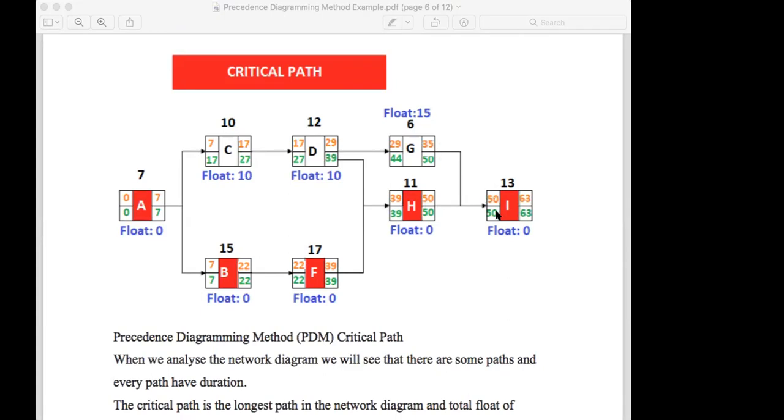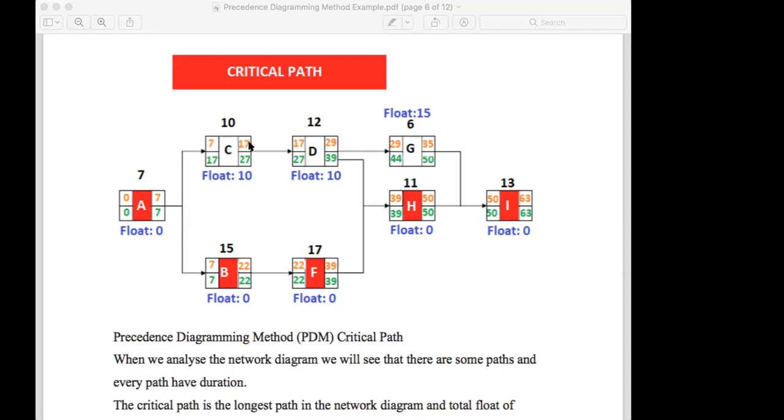And there's a free float. You finish activity G by the 35th day, but you have to start it on the 50th day. You have a free float. What is the free float? 50 minus 35. That's the free float. You can wait. You have to wait. That is a free float.